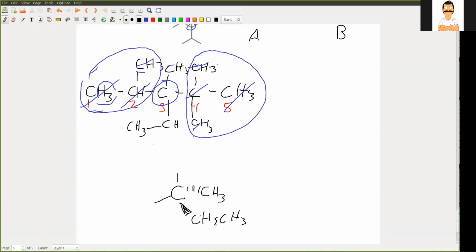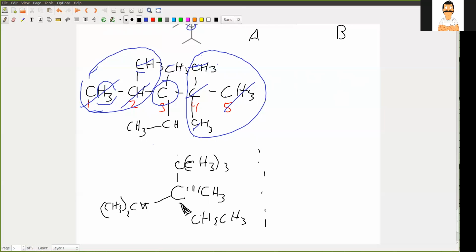And then over here, you might have an isopropyl group, which would be CH, CH3 twice. And then above, you'd have a tert-butyl group, which would be C, and then CH3 three times.